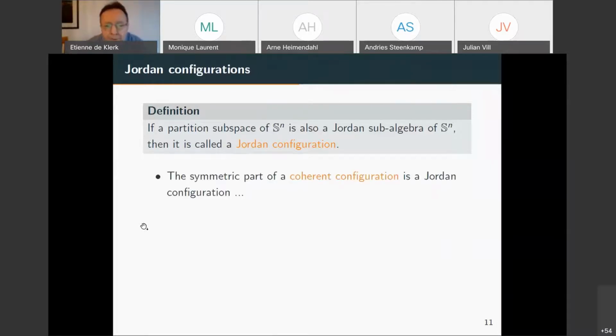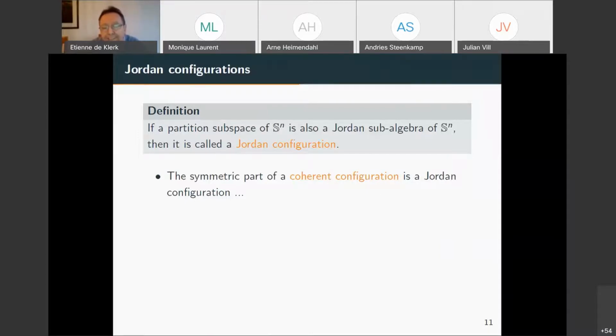Those of you who know something about algebraic combinatorics might know coherent configurations. Coherent configurations are also 0-1 bases of matrices, but then we don't have the symmetry requirement, but we do have a requirement that they form a basis for a normal matrix star algebra.